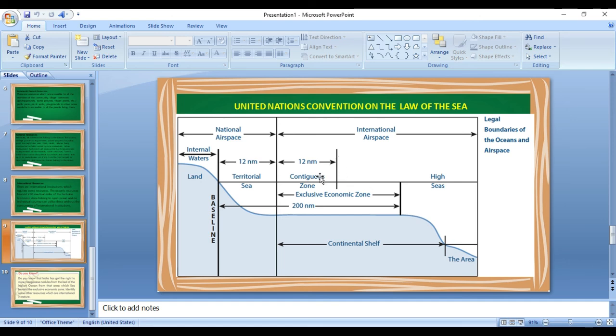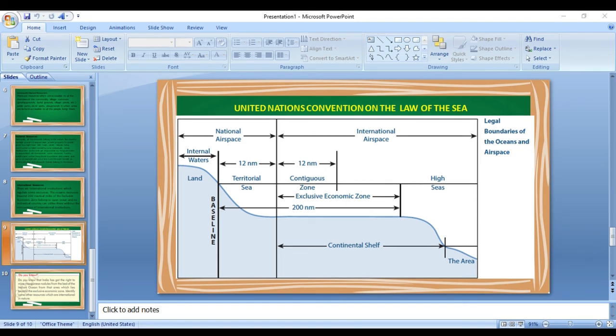And we keep telling those ships, now you are in our territory, you need to pay a tax, and dare not enter our territorial water without our permission. Then we'll take action, right?